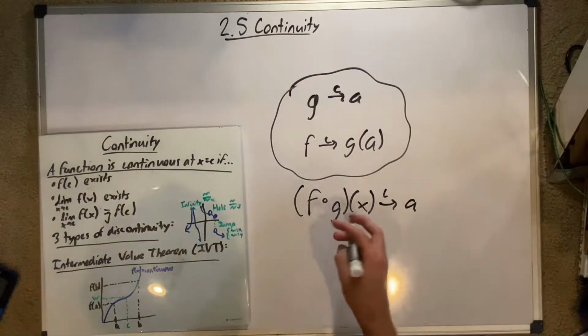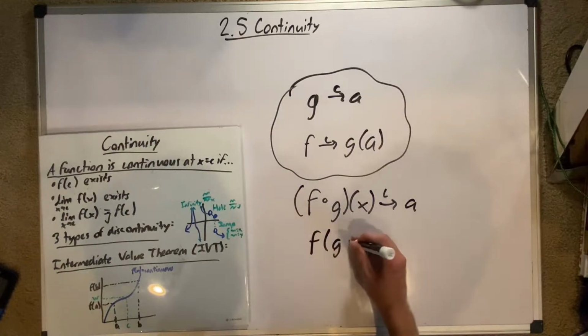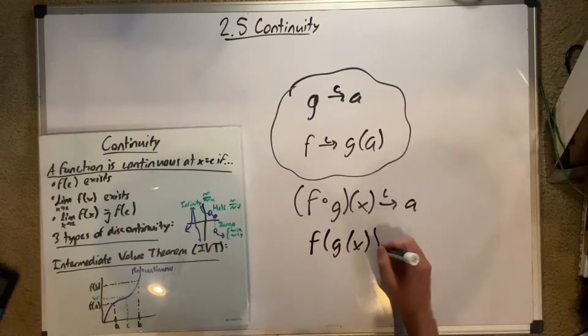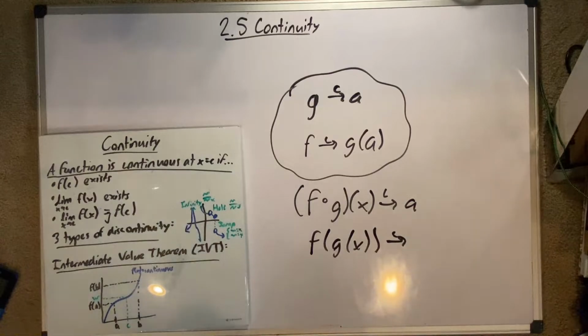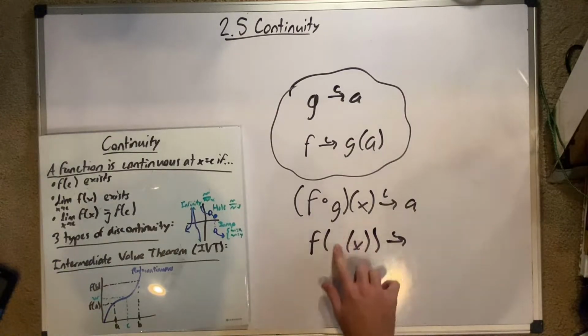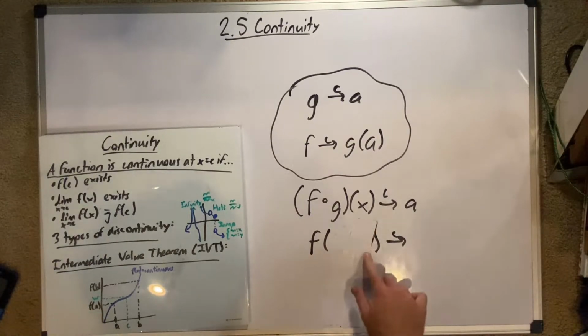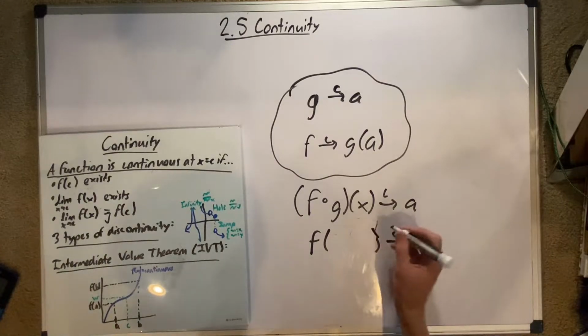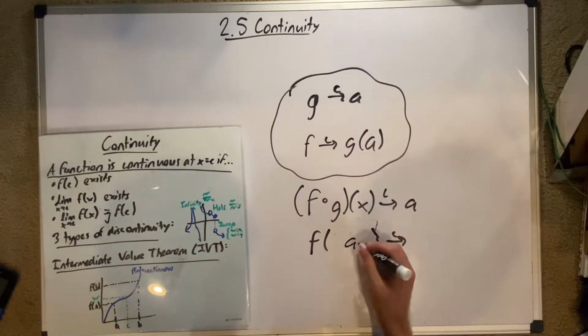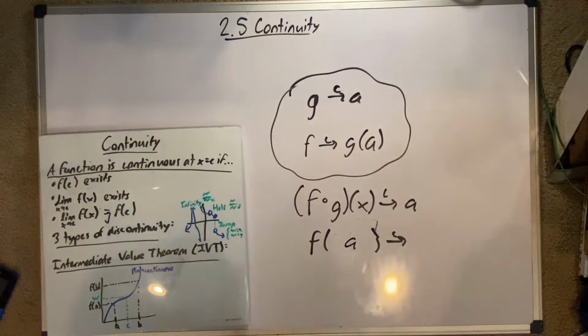So duh, because f composite g is equal to f of g of x. So if f of g of x is equal to that, basically anytime we plug g in at a, that would be just like seeing this here, where we would have an a here. So g is continuous at a, f is continuous at g of a.